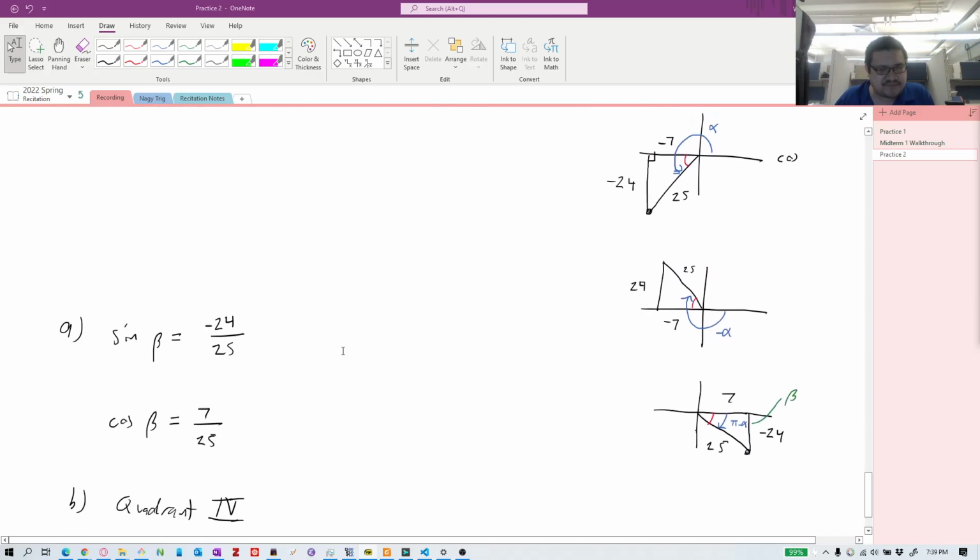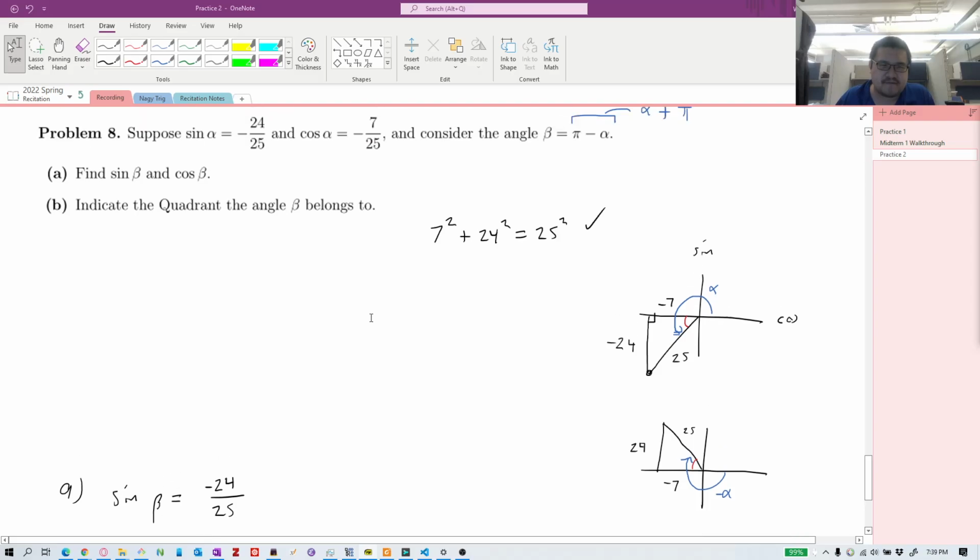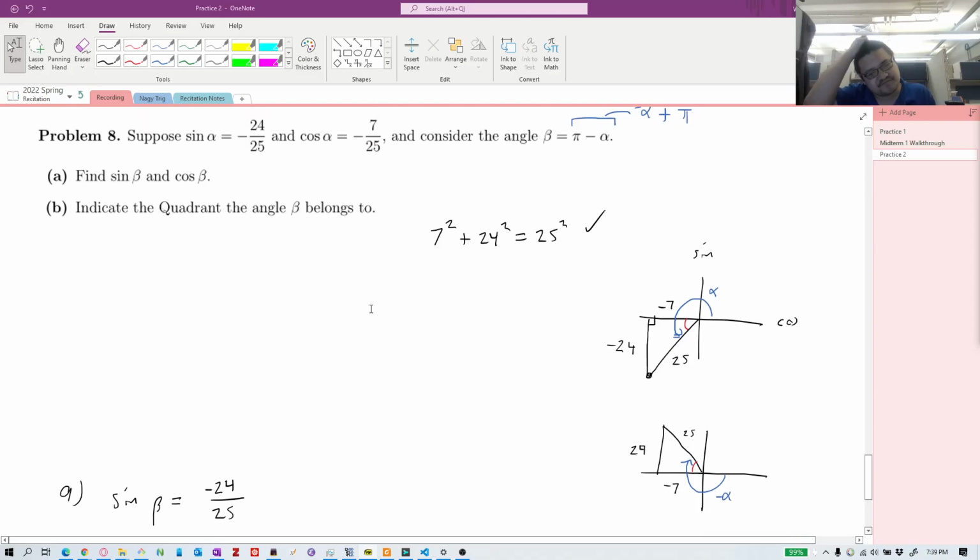So I would say you should write down what formula you used. That would be a safe thing to do, just so that you actually show your work.